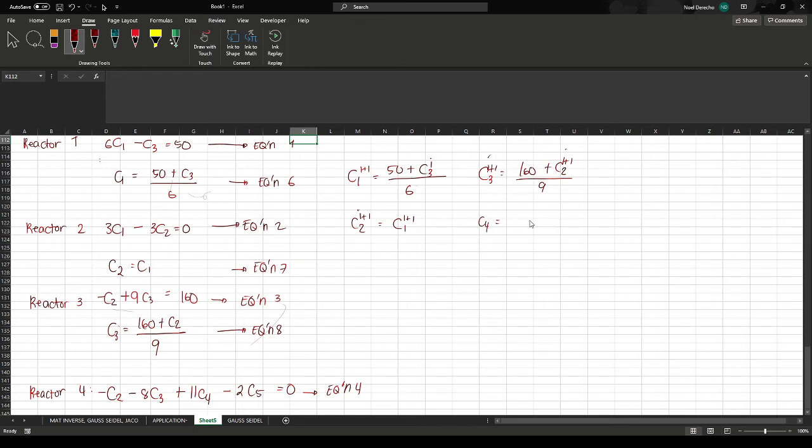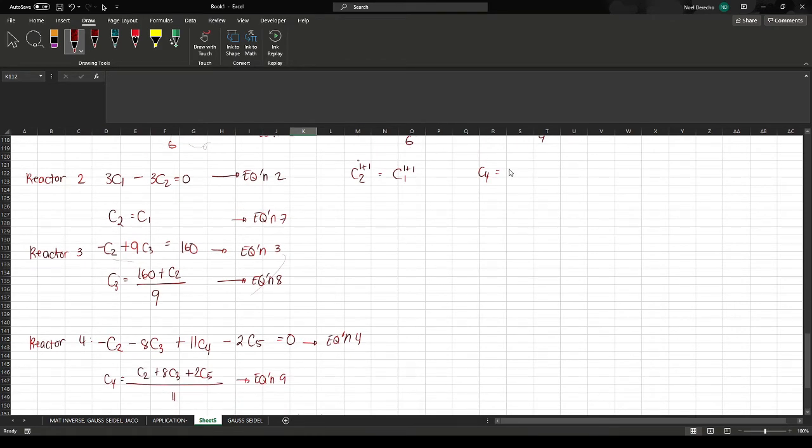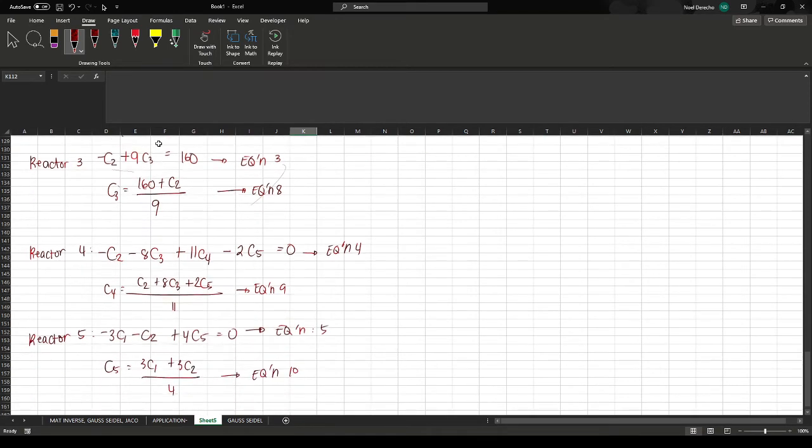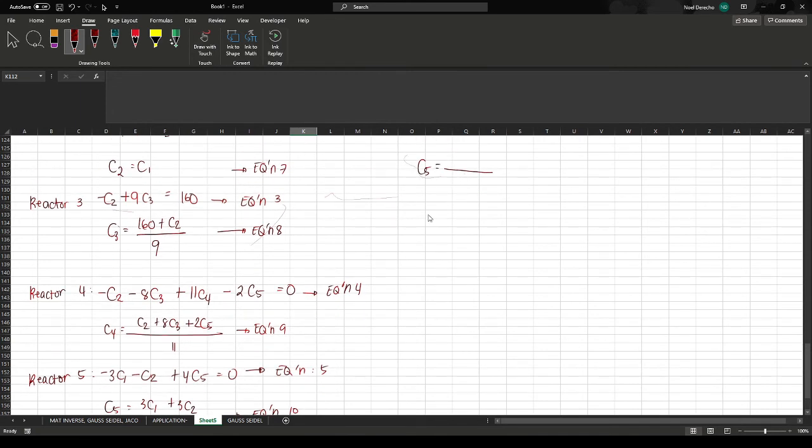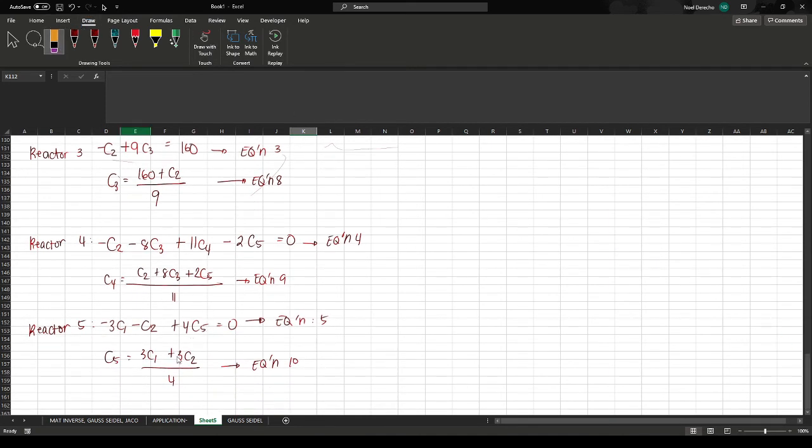C4, updated values for C4, that is C2 I plus 1 plus 8 C3 I plus 1 plus 2 C5 I. C5, which is 3 C1 plus 3 C2. Is that right? Ah, wrong. It's C2 only.